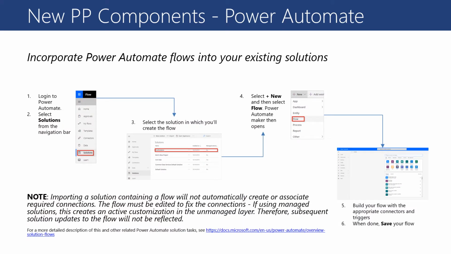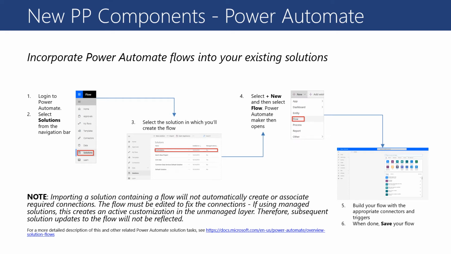The new Power Platform components also give you the ability to embed Power Automate flows into your existing solutions. You can log into Power Automate, select Solutions from the navigation bar, select the solution in which you'll create the new Power Automate flow, select New, then select Flow, and the Power Automate Maker opens. Build your flow with the appropriate connectors and triggers, and then save your flow when you're done.